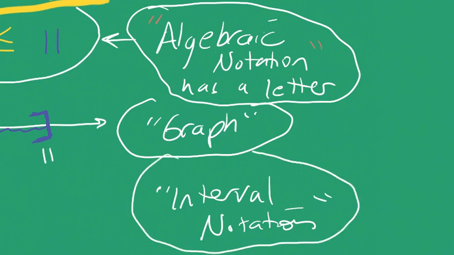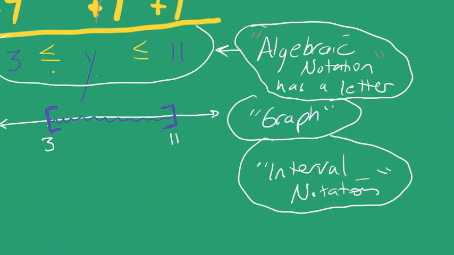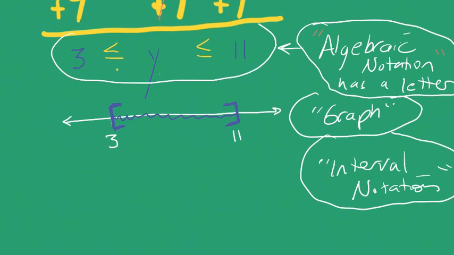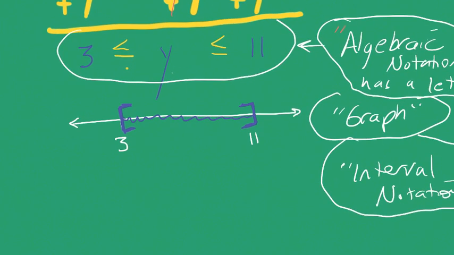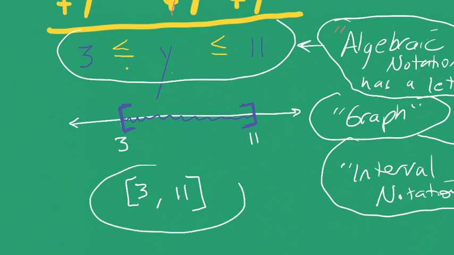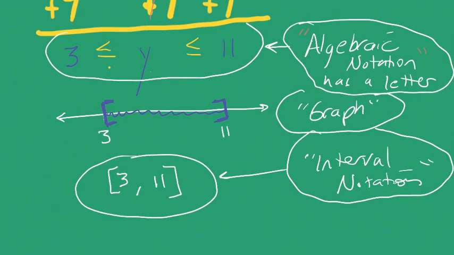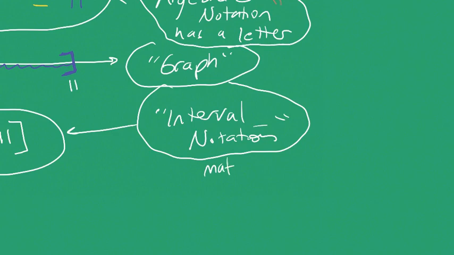So pay attention to the instructions in this section. Your interval notation looks just like your graph. It's going to start with a bracket at 3, and then a comma, up to 11, and then close bracket. So the interval notation matches the graph.